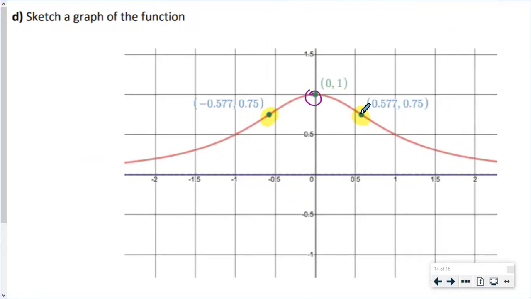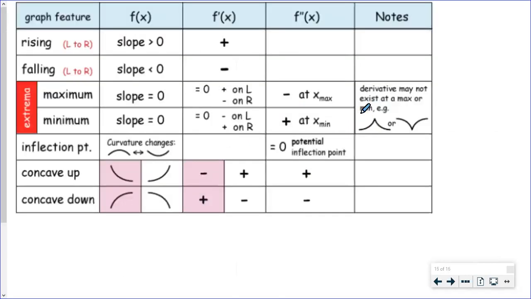So we have now summarized effectively the first derivative test and the second derivative test. I have included a table here, which really clarifies what you can tell from a function from the original graph, the first derivative, and then the second derivative.